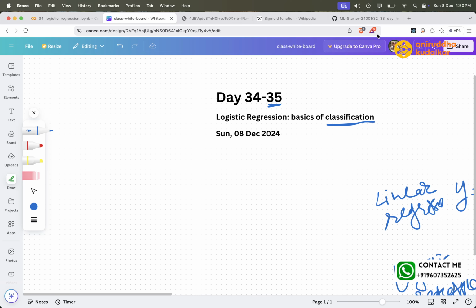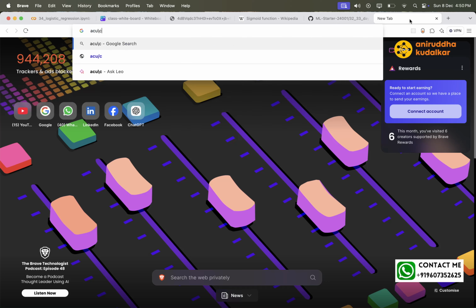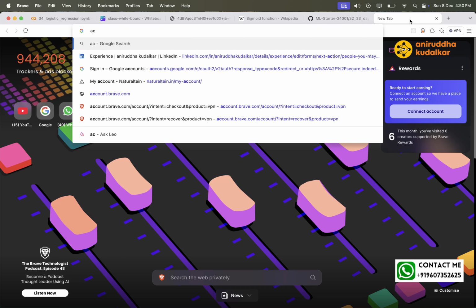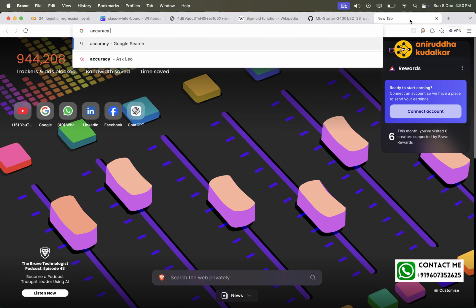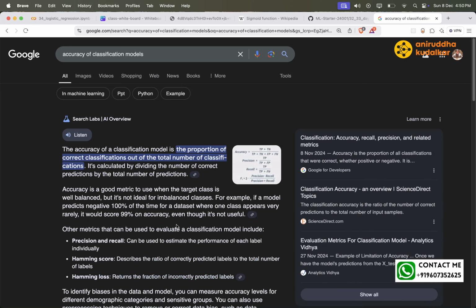Now, accuracy of what? Classification models. So how do you calculate the accuracy of the classification models?